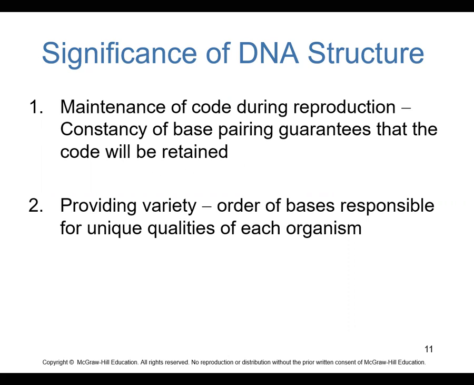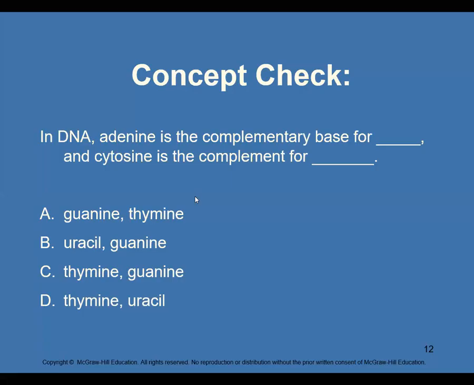There are no changes. It can only happen in certain orders, unless you have mutations, but we'll get to that later. Now, the variety in this is that these genes can be in various orders of A's, T's, C's, and G's, and they can be various lengths, and that gives us a big variety. So that's the importance of the structure of DNA in that aspect.